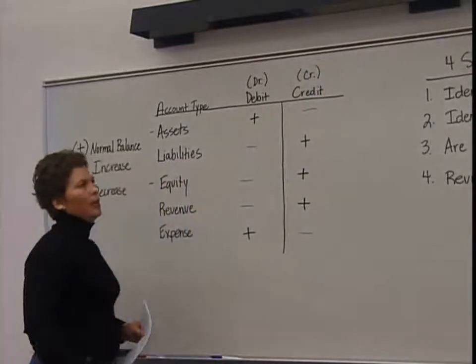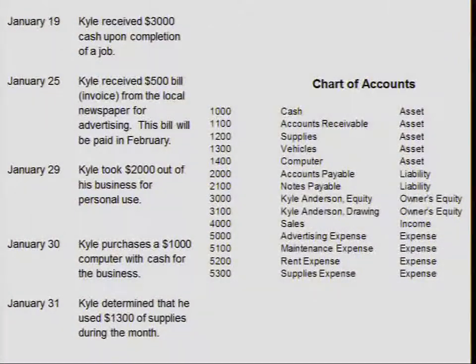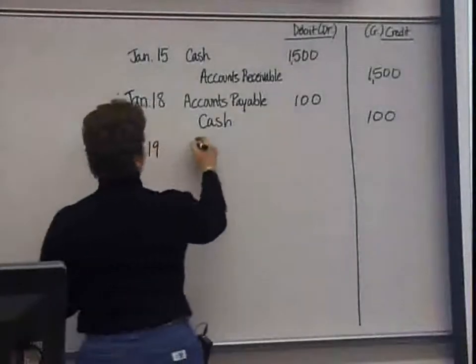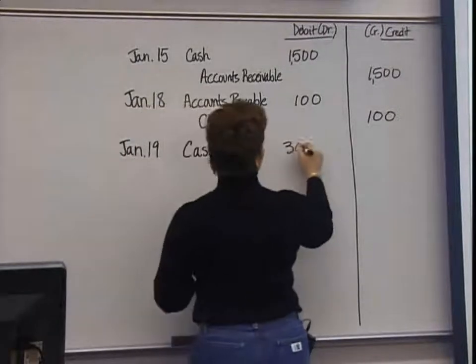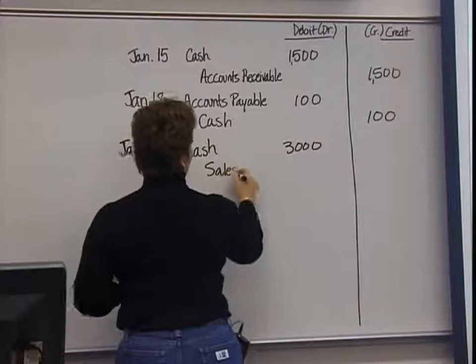So if we look at our chart of accounts, we use cash, which is $1,000, and we will use account 4,000, which is sales. So again, debit cash for $3,000 and credit sales for $3,000.